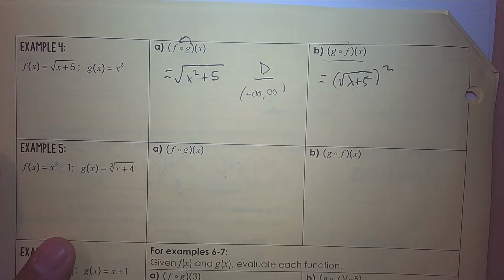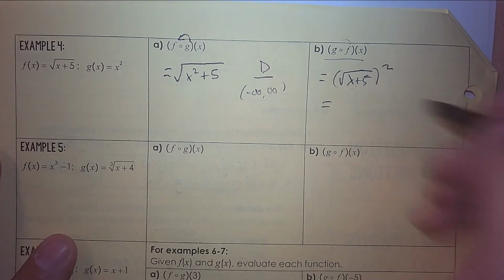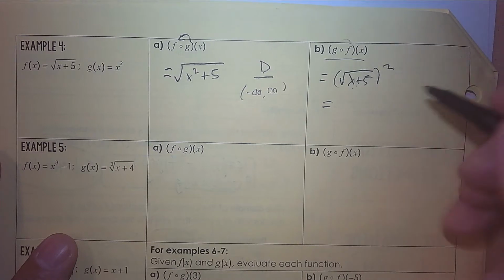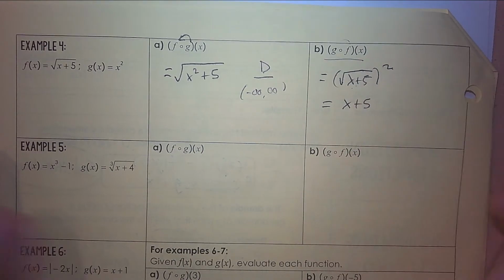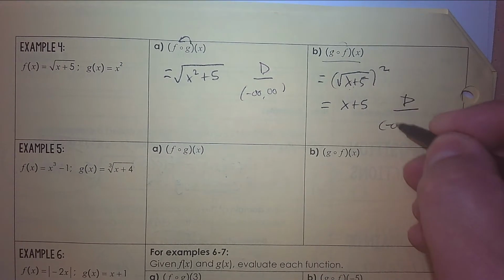Can you simplify that? Yeah. What would I write down? X squared plus 25. The square root and the square completely undo each other. They cross out. And what's left underneath is x plus 5. Any domain restrictions? No. Done.